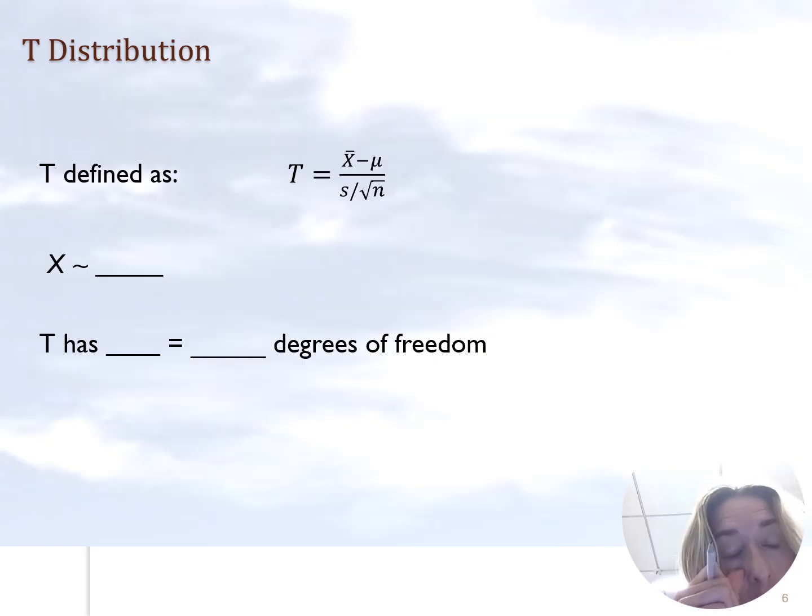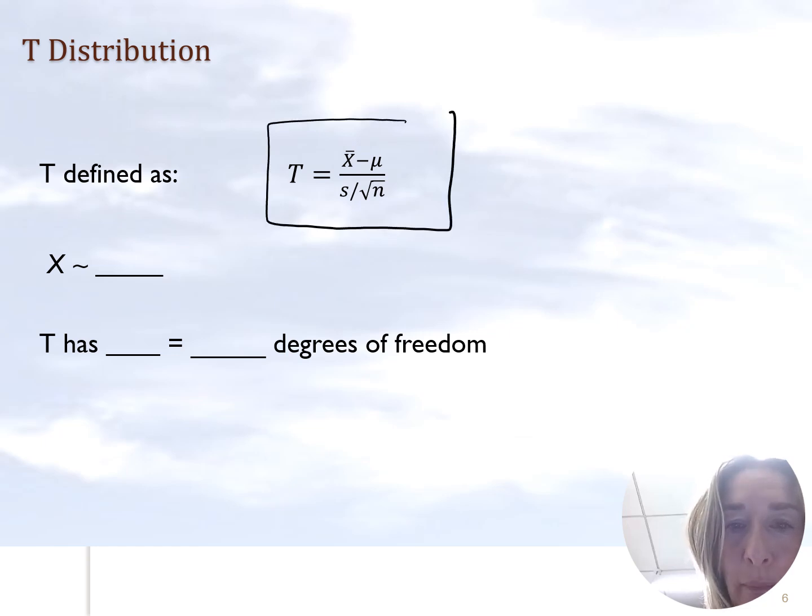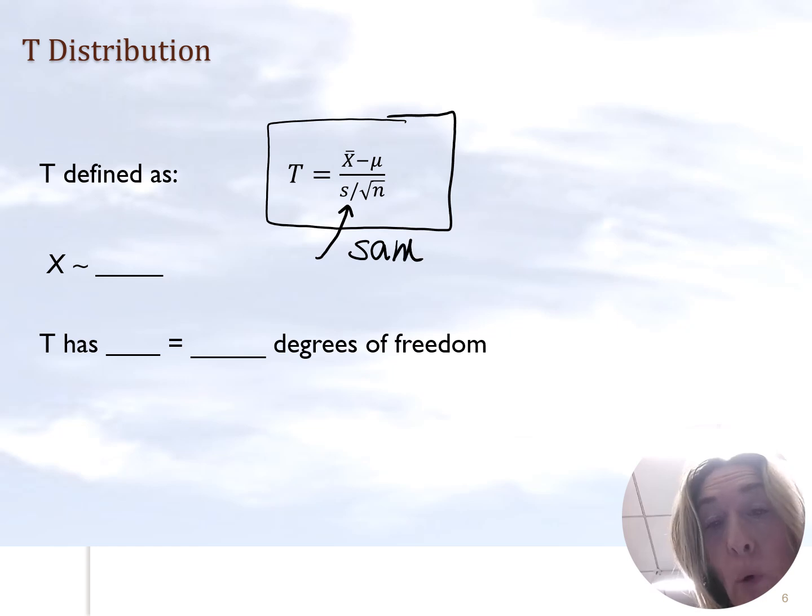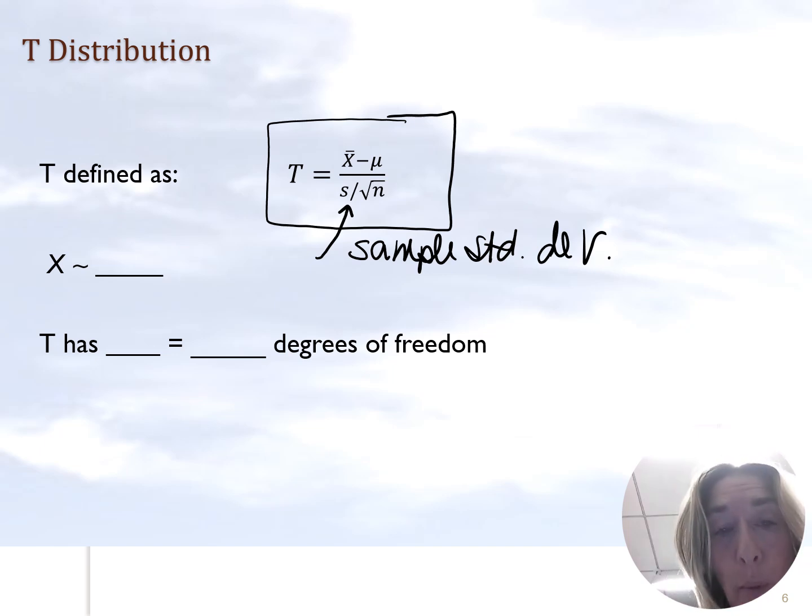Okay, let's review the t-distribution. You recall that t is defined as follows. It looks similar to z, except that instead of sigma in the denominator, we have s, which is your sample standard deviation. So t is defined as x bar less mu over s over the square root of n.